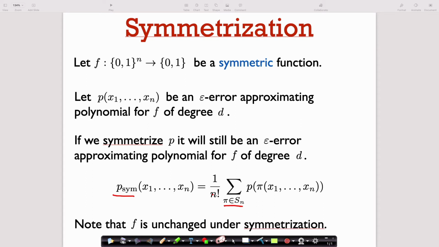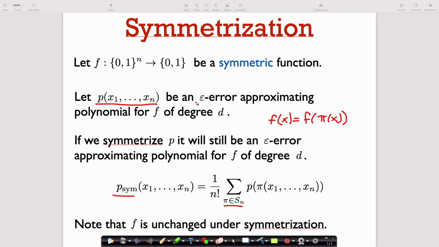Notice that if I were to do this symmetrization to f, then f is completely unchanged by this process. And that's exactly because since f is symmetric, f of x is always going to be equal to f of pi of x for any permutation pi. Now, although f is symmetric, p doesn't necessarily have to be.